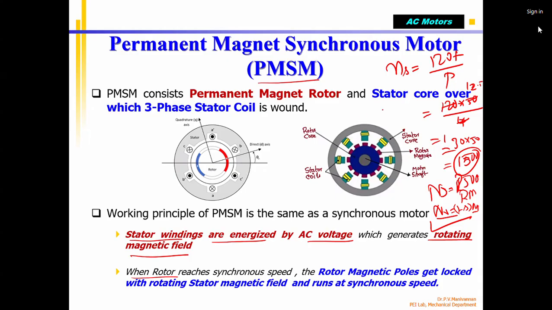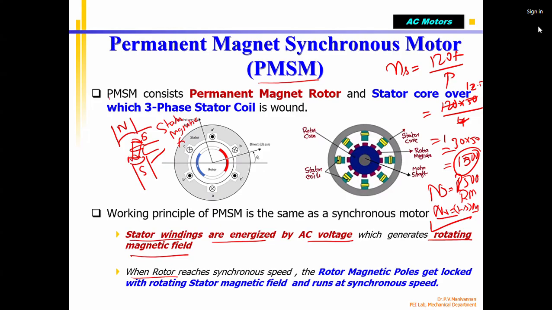The rotor is mechanically rotated such that it aligns with, for example, at a given instant, this is the north, this is the south, this is the stator magnetic field. Now my rotor is something like this. I have a coil, and this is south, this is north.